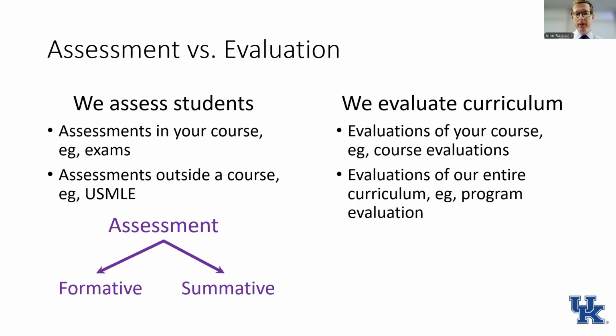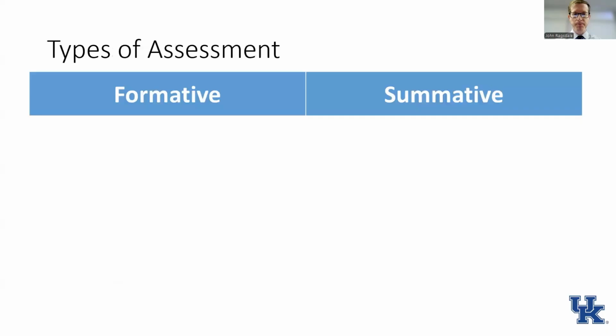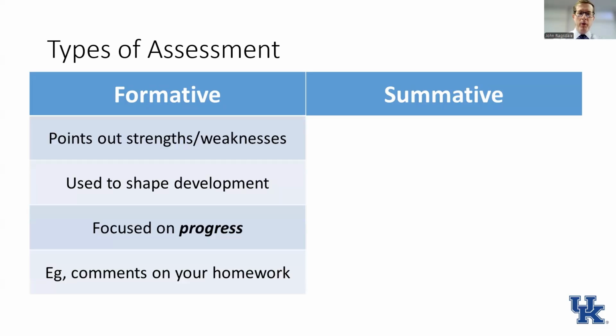And when we take assessment of students, we can break that further down into formative and summative. So let's unpack this a little bit more. So we have formative assessment and summative assessment. Well, formative assessment is really designed to point out strengths and weaknesses. So figuring out and helping students figure out what are they doing well, how can they improve?